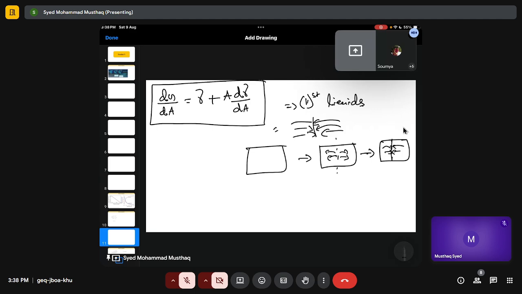So what's happening here is, whenever you try to shear or cut the surface of a liquid, the liquid will come back to its original position. The liquid atoms can take that shear, right? That means the surface energy is remaining constant before and after, it is not changing, because the atoms are rearranging themselves.